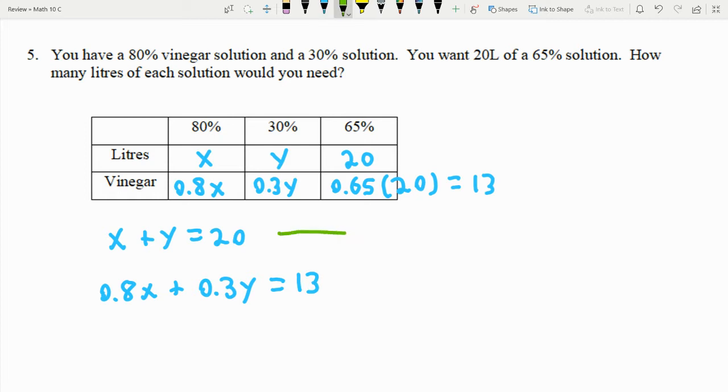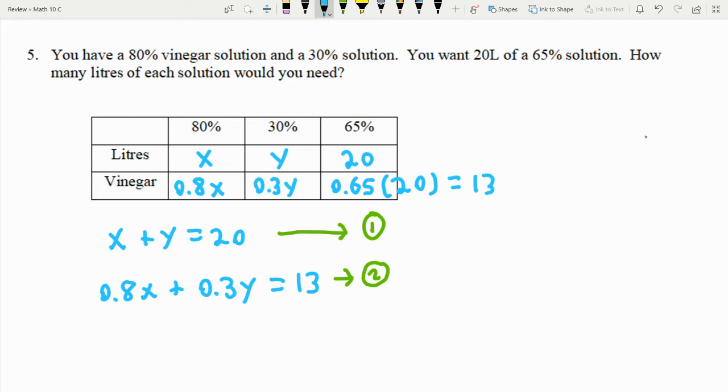I would label these as equation 1, and then I'll label the other one as equation 2. So from here, let's manipulate and solve. Before I start manipulating, I'm going to simplify equation 2 by getting rid of the decimals, just so that it's easier to work with.